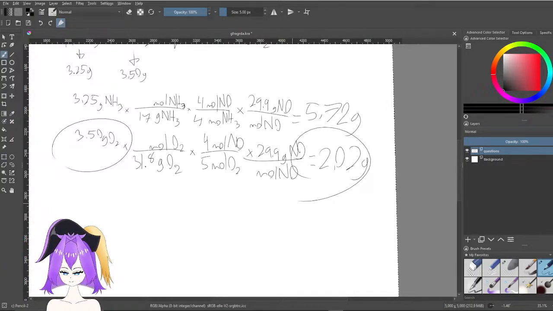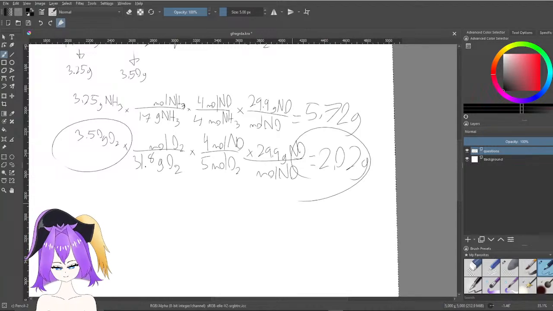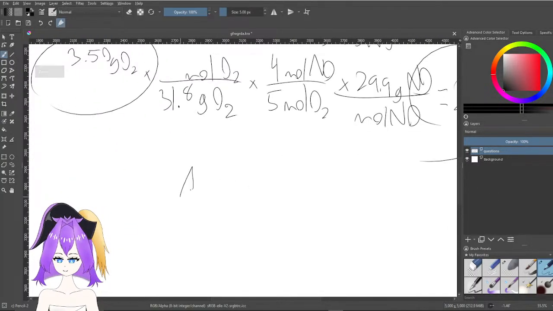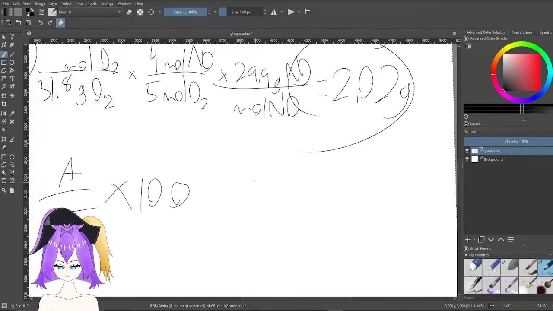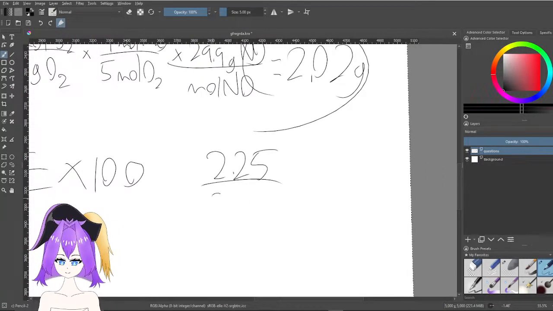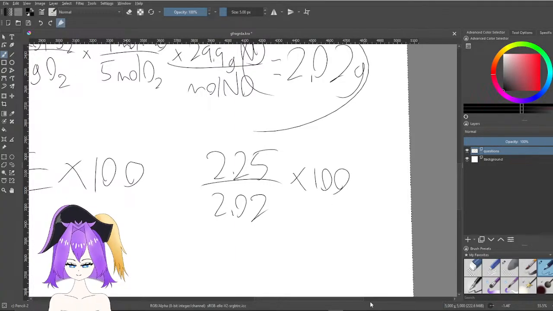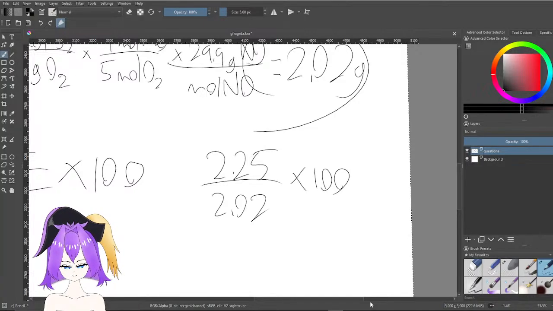What would the percent yield be if you did the reaction above and produced 2.25 grams? So that's actual over theoretical times 100. Our actual is 2.25 and our theoretical is 2.02, times 100.